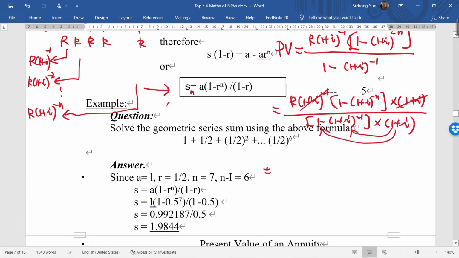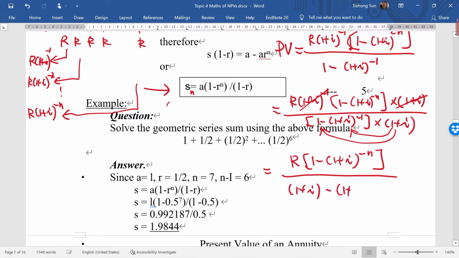So we get R(1 - (1 + i)^-n) over (1 + i) minus (1 + i)^-1 times (1 + i), and this term becomes 1.